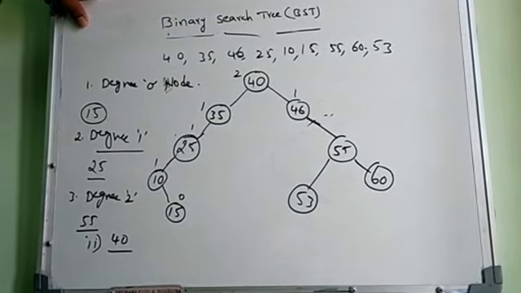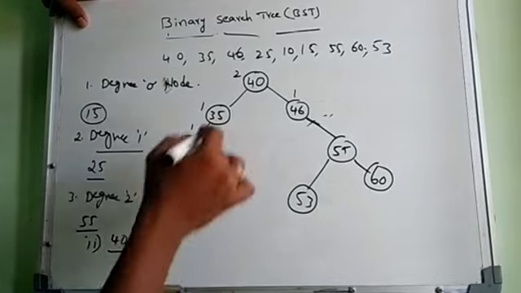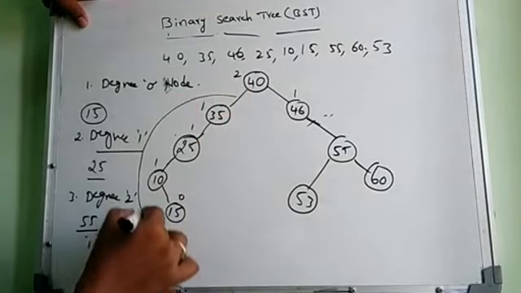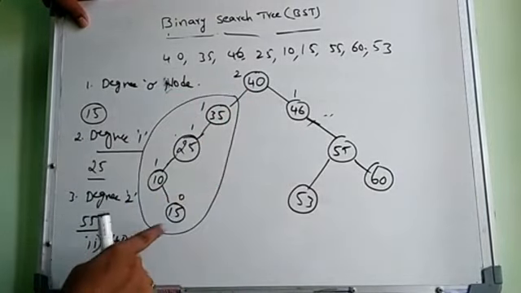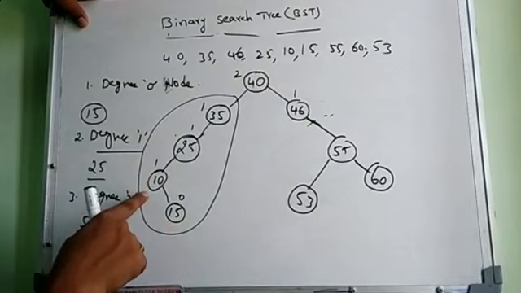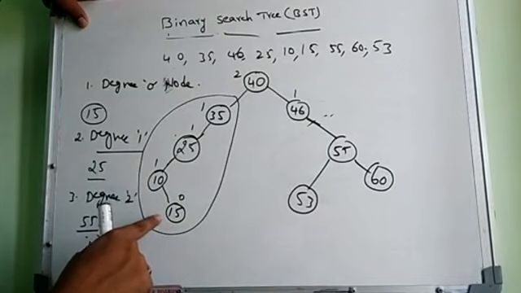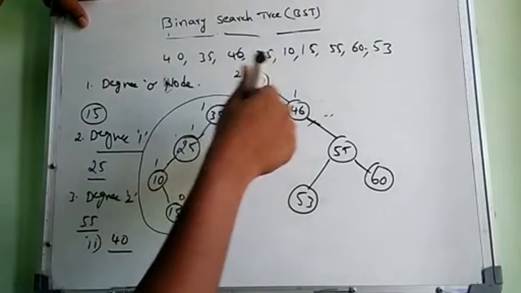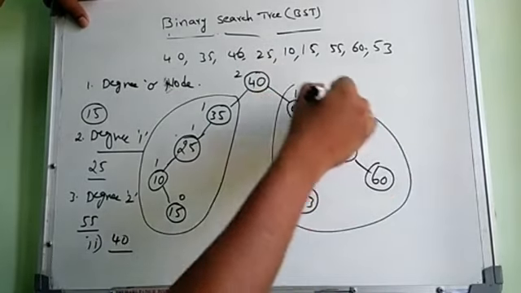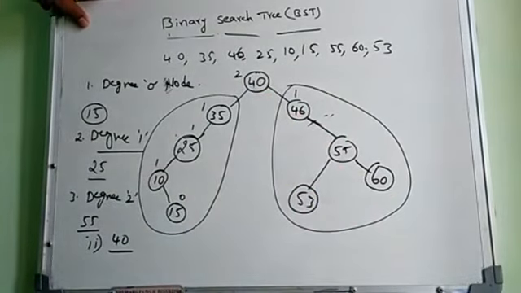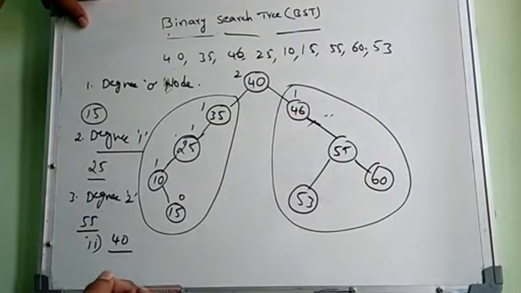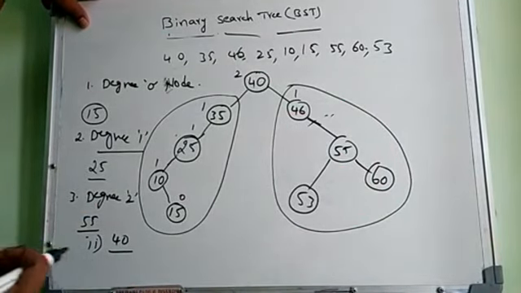Which number do I want to take from the subtree? Take the maximum number from the left subtree, or the minimum number from the right subtree. So go by the rules which I discussed a few minutes back.